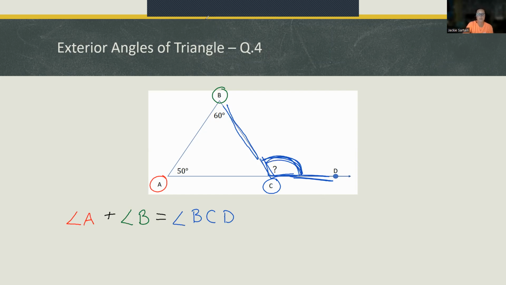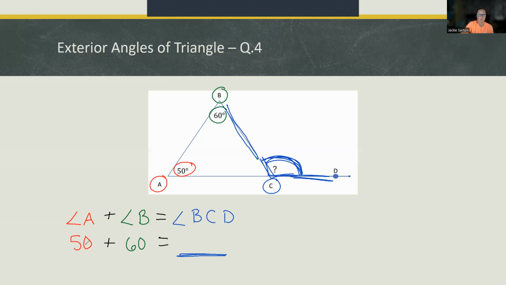We're just going to simply plug in the values that we know into our formula. We see that angle A equals 50, so we plug in that value. Angle B is going to be 60, so we plug in 60. We're trying to find that value here.